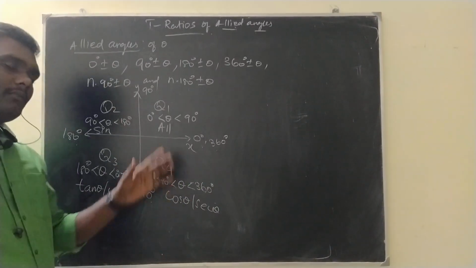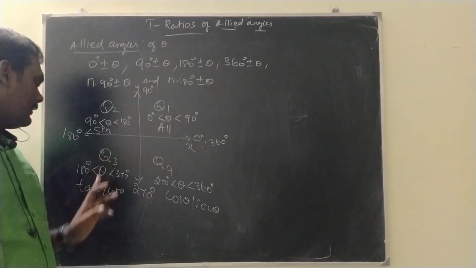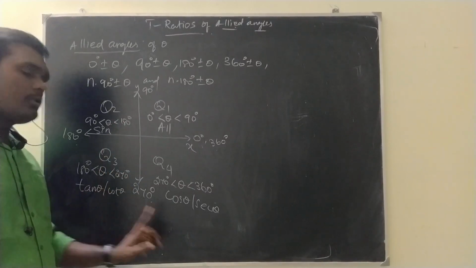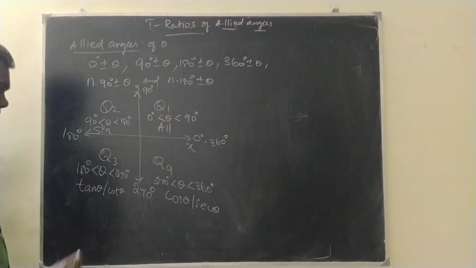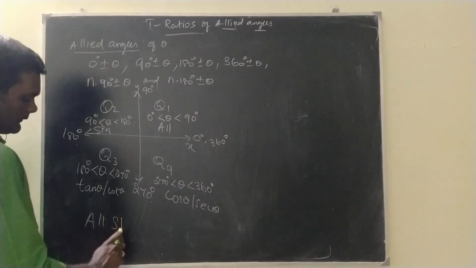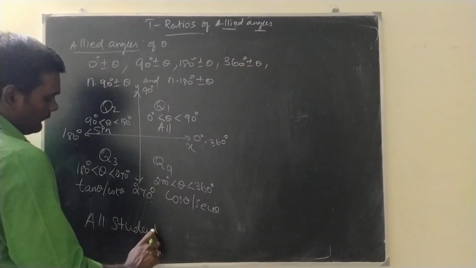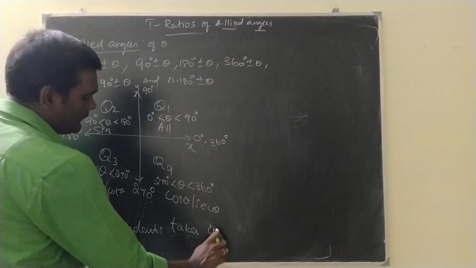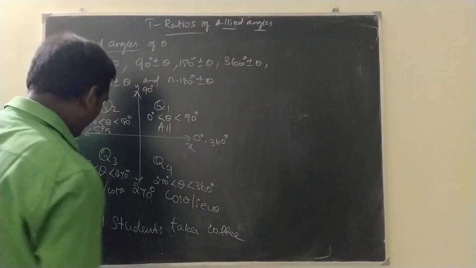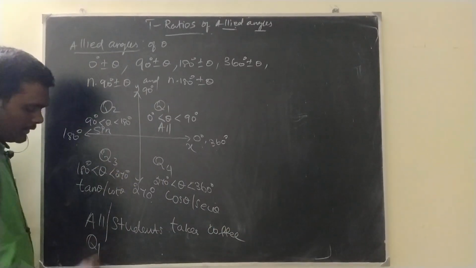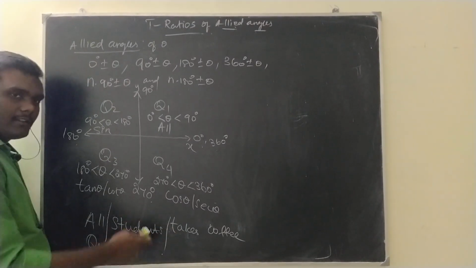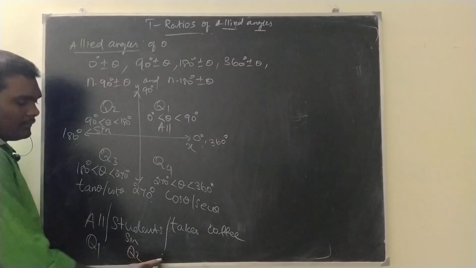To remember this, we will write All Silver Tea Cups, or else All Students Take Coffee. What is the phrase? All Students Take Coffee. This 'All' means quadrant 1: in the first quadrant everything is positive. 'Students' means sine and reciprocal of sine, the second quadrant.